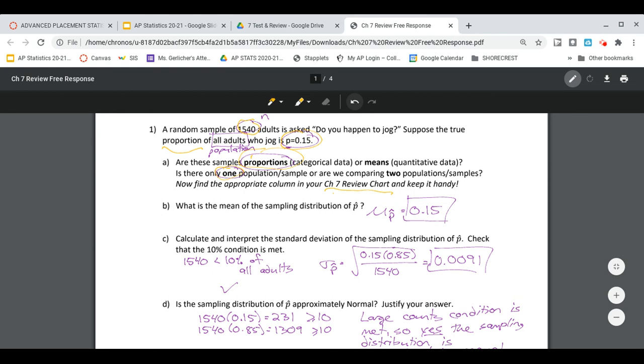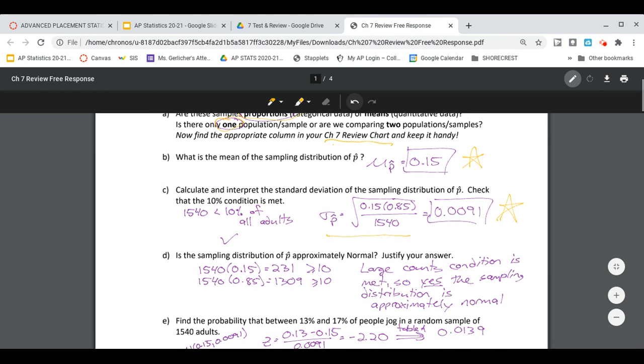And for sure, there are more than 15,400 adults in the world, so we're good. So then go find your standard deviation equation, plug in your numbers, and get an answer. So this is always the first 2 steps in these problems. We're finding a center of our sampling distribution and a variability, a mean and a standard deviation of our sampling distribution. Then the third step is always to verify the shape.